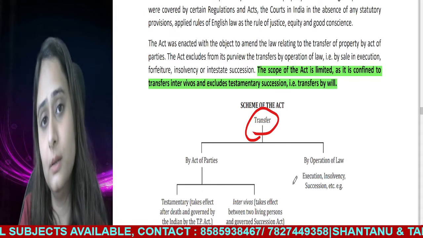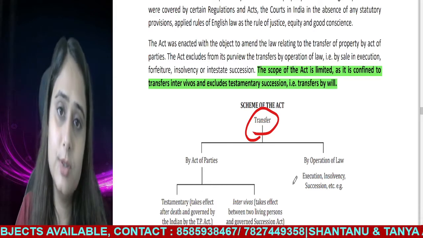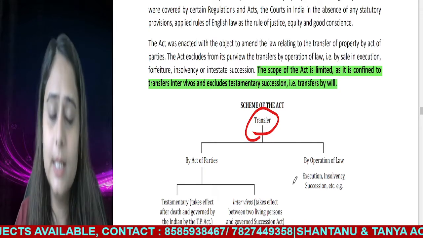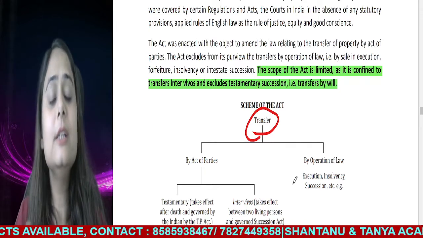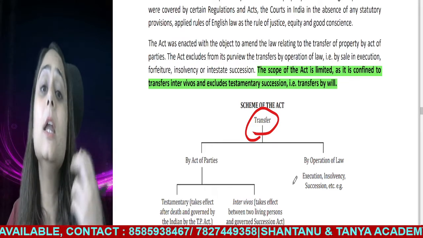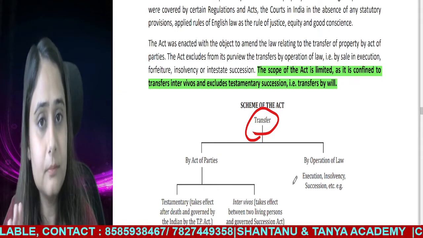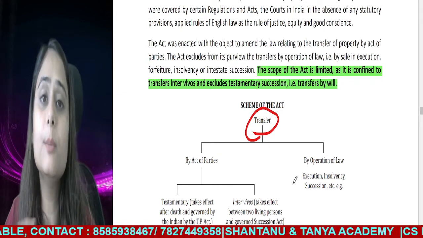Now, a court is obviously not a natural person, correct? So any transfer which is happening by the operation of law, as in a will, right? In that, no living persons are involved.